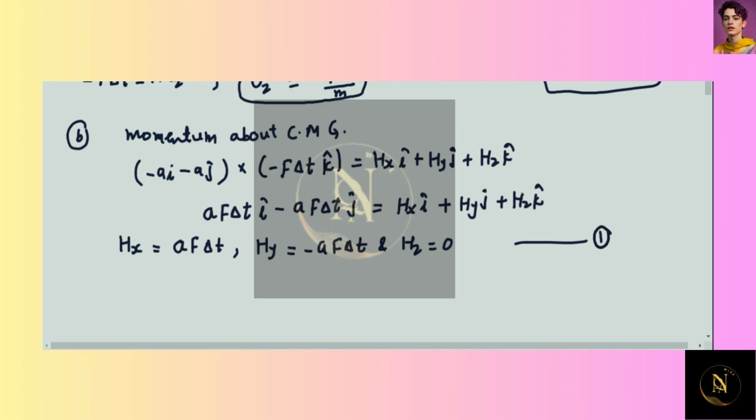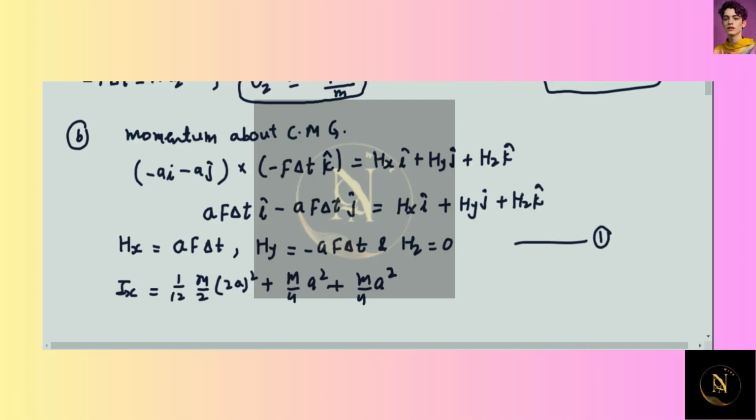Moment of inertia Ix is 1 by 12 m by 2 into 2a square plus m by 4 a square plus m by 4 a square.